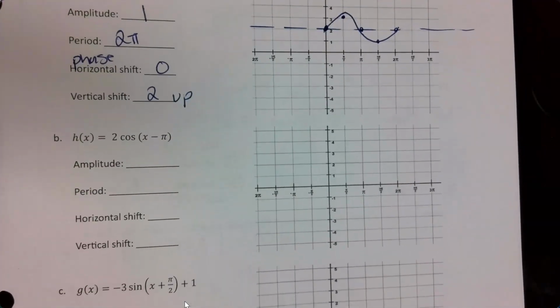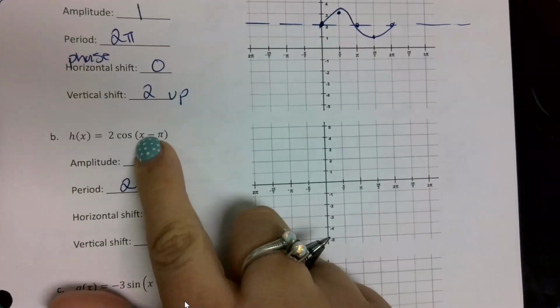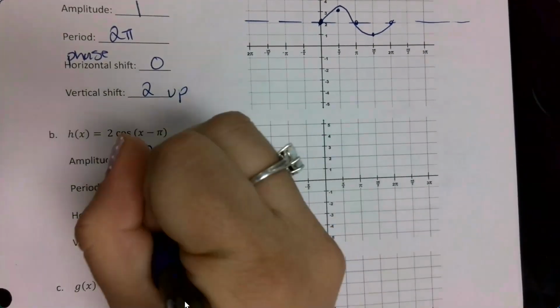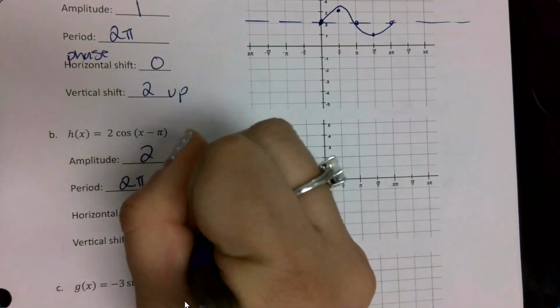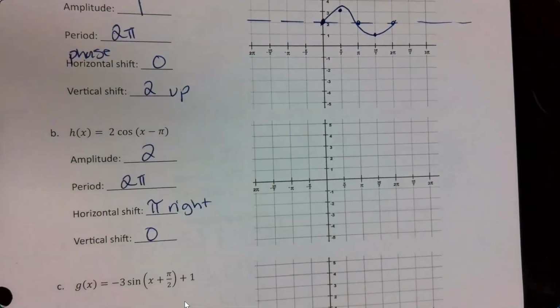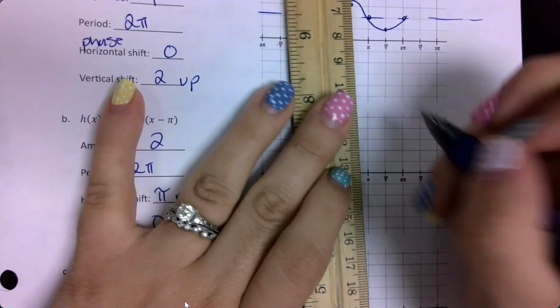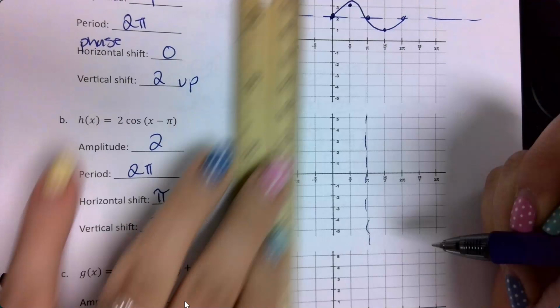On B, I have an amplitude of 2. My period is still 2 pi, because there are no numbers in front of my x. My horizontal shift is pi right, opposite the sign, and my vertical shift is none. So I'm going to be on my midline, but instead of starting at 0, I'm going to start at pi. I'm going to draw a dashed line to show I'm starting here instead.